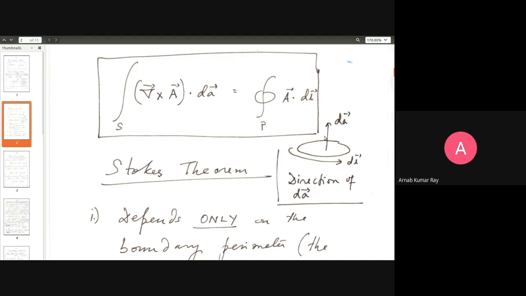The direction of the curling fingers is the direction of vector dl, and the direction of the thumb sticking upwards is dA. So use your right hand to determine the direction. dl can happen in two ways. dl can happen in an anti-clockwise direction, as in this case, or it can happen in a clockwise direction as you go the other way.